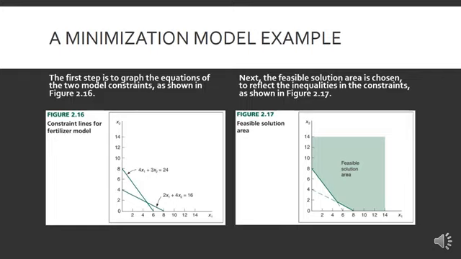But the feasible solution area is chosen to reflect the inequalities in the constraints as shown in figure 2.17. So, ang pinagkaiba nito, kung kukunin ko yung aking highlighter, hindi ba dun sa maximization, nakikita nyo tong highlighter ko. Itong area na to, ang concern natin sa maximization.